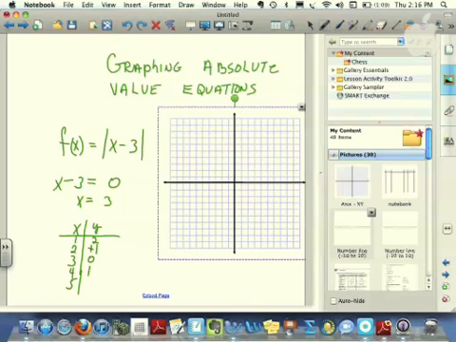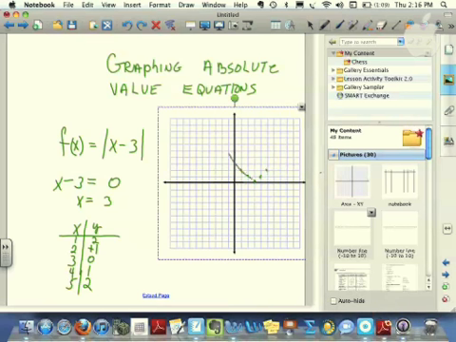Do you see a pattern? 5 minus 3 is 2, and the absolute value is 2. Do you see how the patterns repeat for the positive and negative number? When I go to graph it, I'll graph (1, 2), (2, 1), (3, 0), (4, 1), (5, 2).